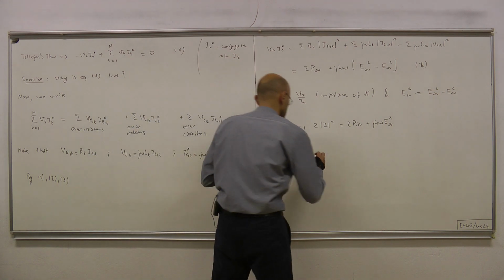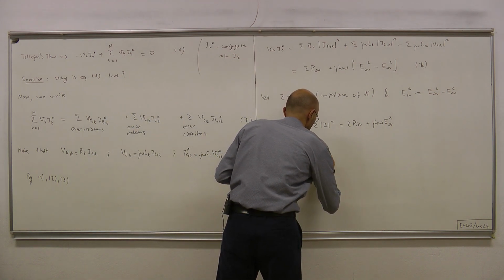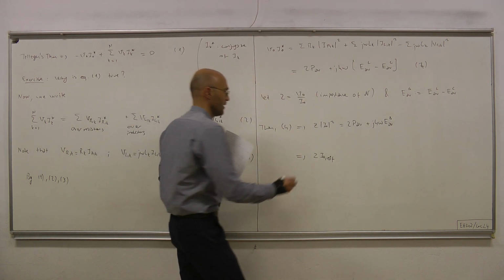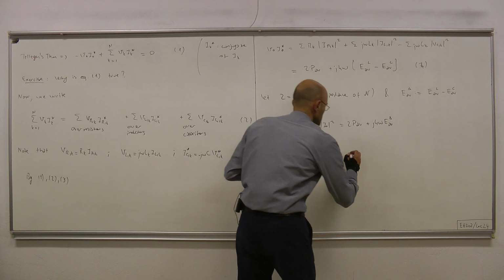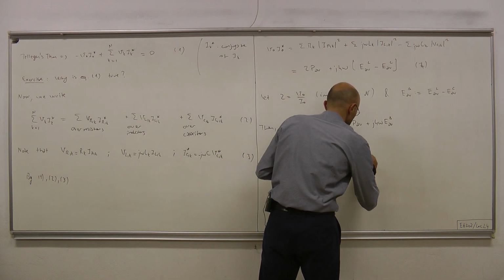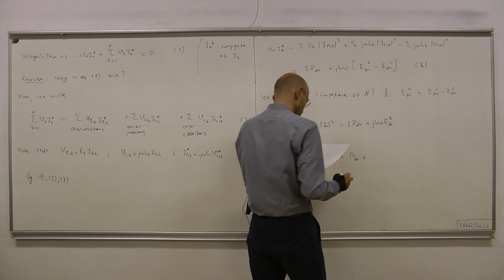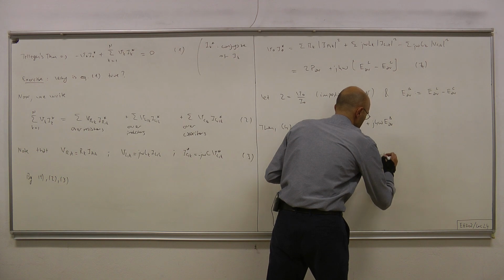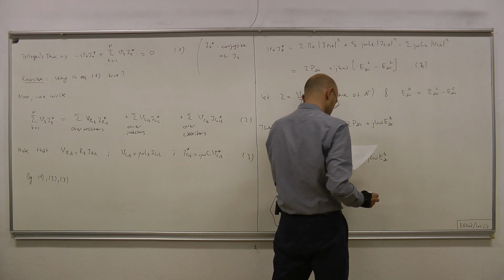Hence, we can express this as Z times I0 RMS, or I0 effective, squared, equals P average plus j2 omega E average delta.